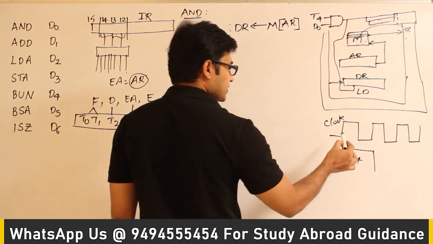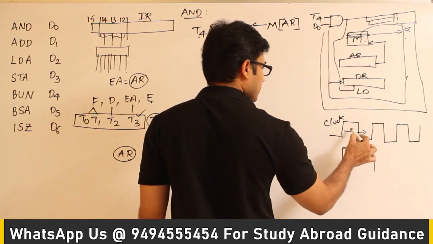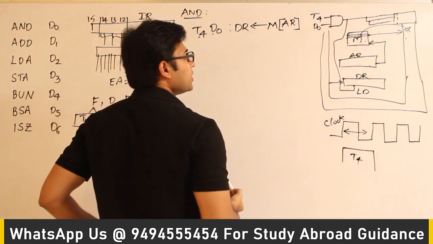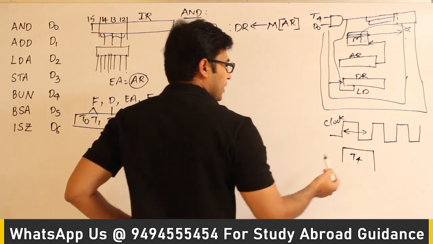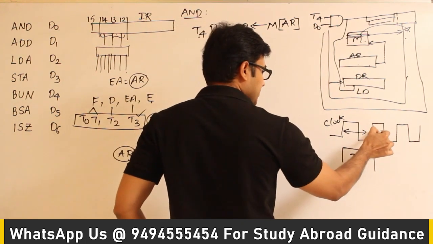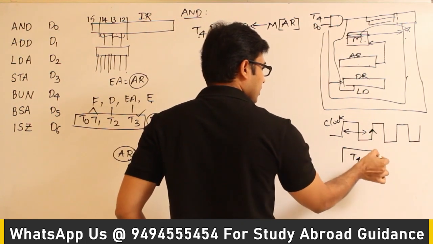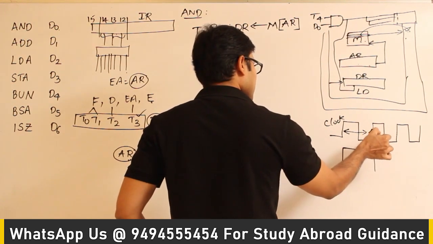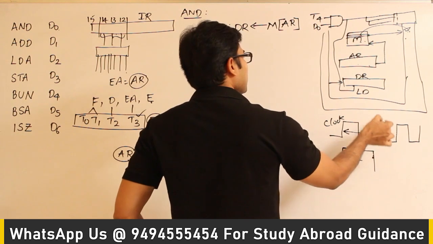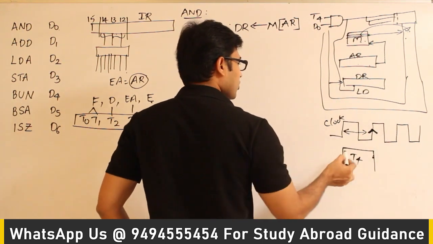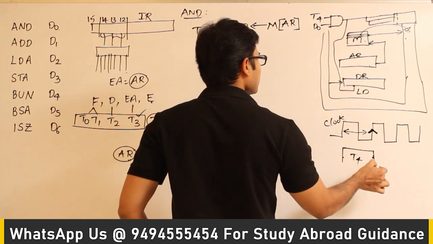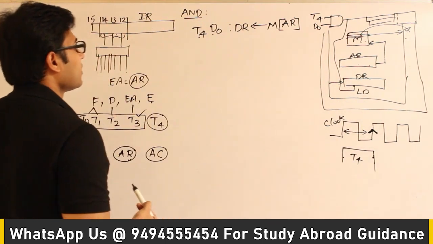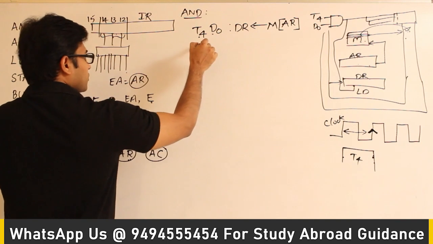So during this initial phase, the memory word will be transferred onto the bus, and at the positive transition at the end of the timing signal, at this particular positive trigger, this load will happen. Therefore by the end of the timing signal T4, the required word will be present in DR. Got it? And now after this, what should we do?